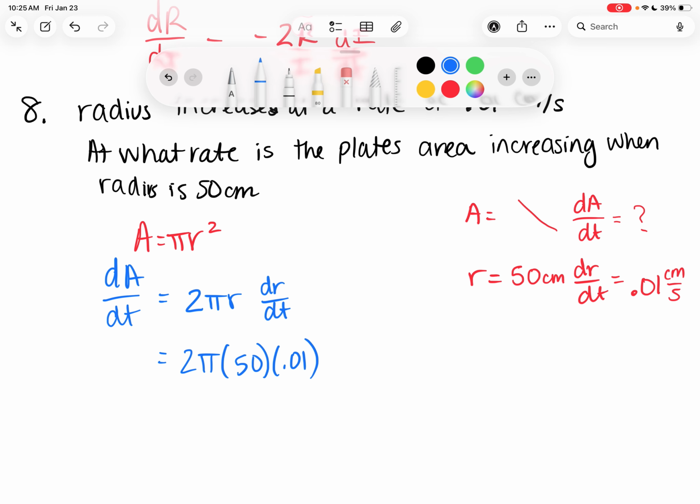Oh, well, 100 and 0.01 basically just cancel out. Helps if I multiply. So basically 2 times 50 is 100, and then times 0.01, that just is 1. So then this ends up being pi, and because it's area, centimeters squared per second. So that's all I have to do on one like that.